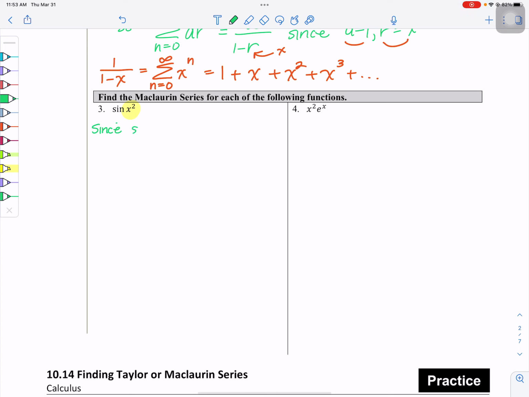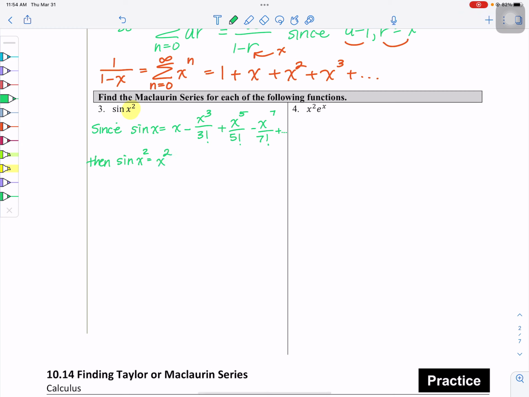Since sine of x is equal to x minus x cubed over 3 factorial plus x to the 5th over 5 factorial minus x to the 7th over 7 factorial, and so forth, then for sine of x squared, we're going to replace all of our x variables with x squared.